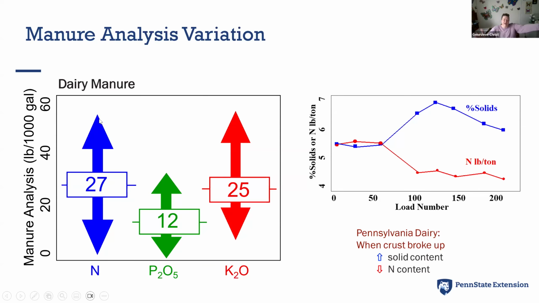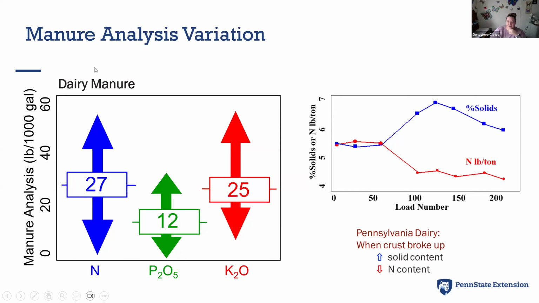There is such a huge range in our manure analysis that our manure can vary so greatly. And so having an accurate test result really can make a huge difference in our crop production and for our planning purposes too. And also thinking about not just the variation in what's coming out of the cow, but then where it's being stored, how it's being stored, what's the weather, is there a crust, what's the solids content.